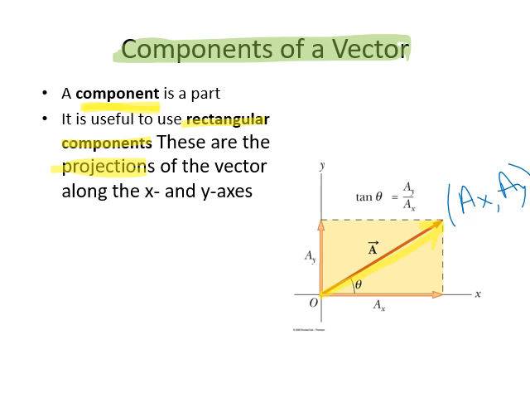What is the meaning of this? That means these coordinates give you the projection of this vector on the x-axis and on the y-axis. So on the part of this A vector, on the x-axis you have A of x and on the y-axis you have A of y.